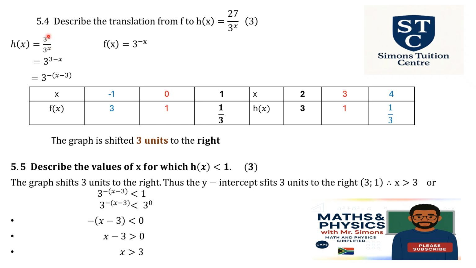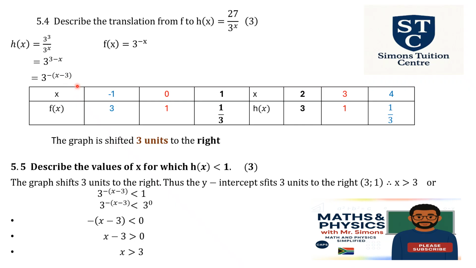Bases are the same, so if I divide, I subtract the exponents, and if I take out the negative, that becomes 3 to the negative (x minus 3). So we can say straight away the graph was shifted 3 units to the right because it's negative.